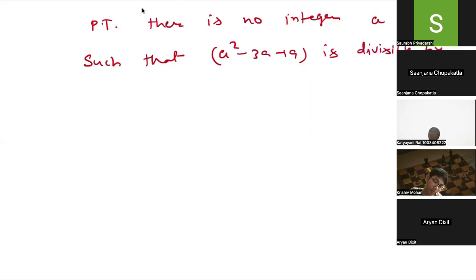Divisible by 289, right? 289 is the square of 17. So divisible by this, that's a hint. I'm giving you 17 square.